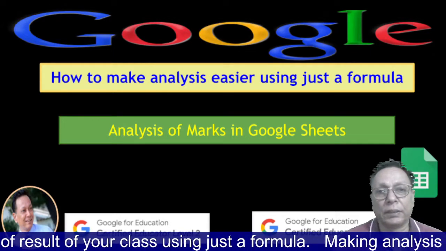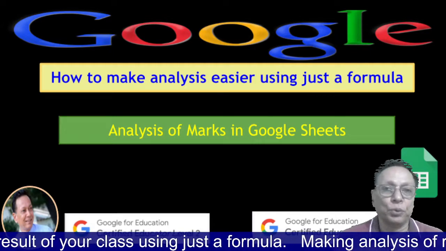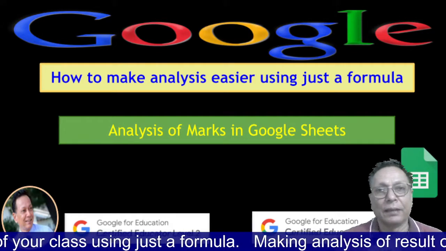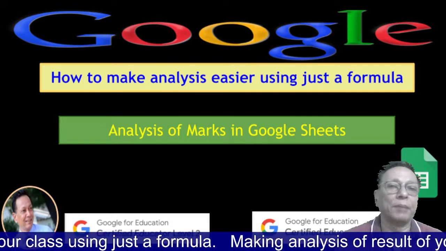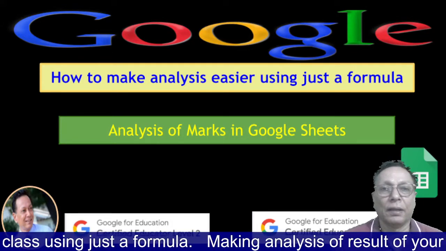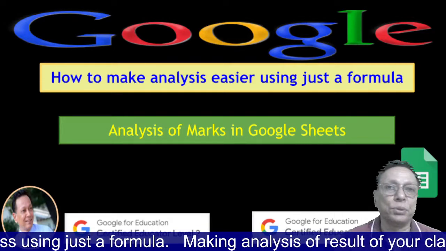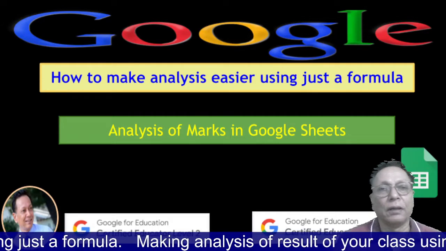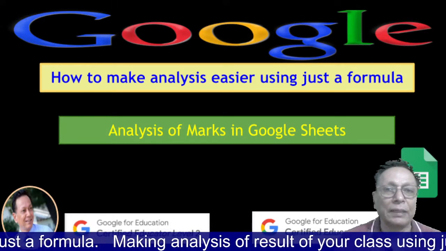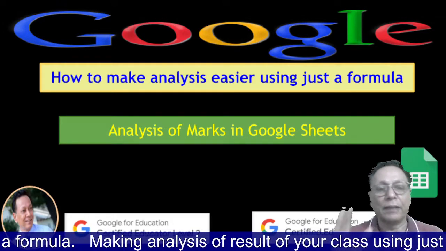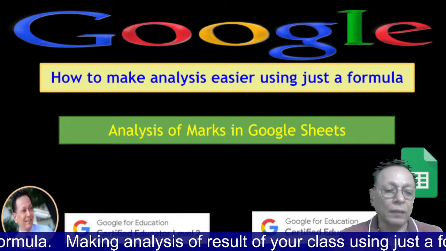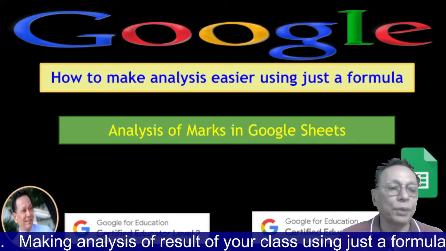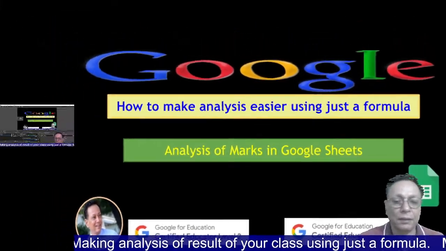What teachers usually do is use the tally system to create the analysis, and since I'm the computer teacher, I thought I should do something different. So here I'm going to share how to create the analysis using Google Sheet. My entire data is on Google Sheet, and from that sheet I'm going to create the analysis.